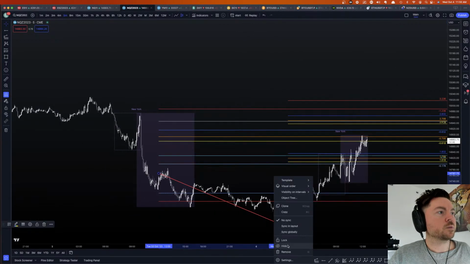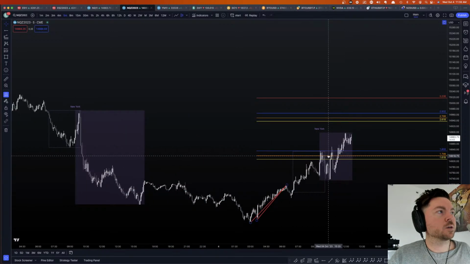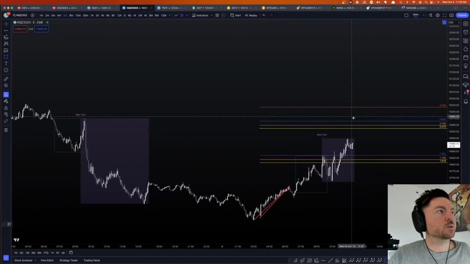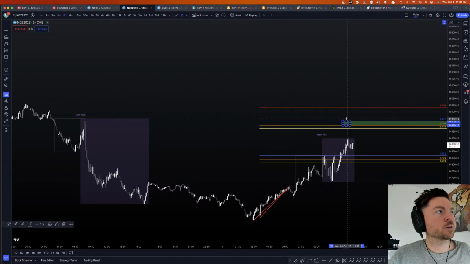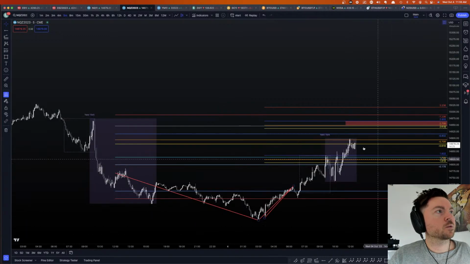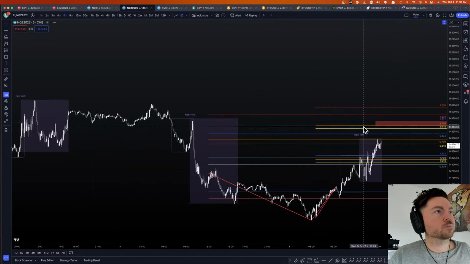And if I hide that for a second, you can see nice respect here for that first area, and then basically since that area was getting respected, we can potentially look at the second area, and then that matches up with the scalp pull we had of the 1. Right around up here.